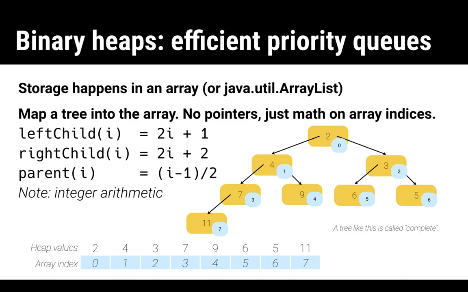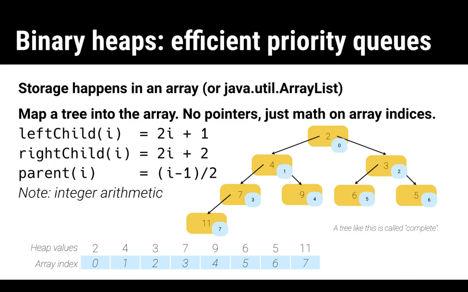Inside our priority queue, the implementation is a data structure that we're going to call a binary heap. This is a classic data structure. It's been around for a long time. A binary heap is an efficient implementation of the mutating priority queue interface.